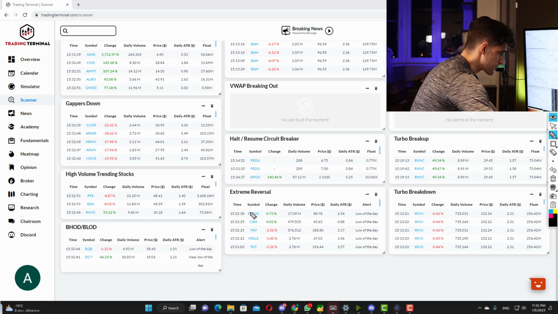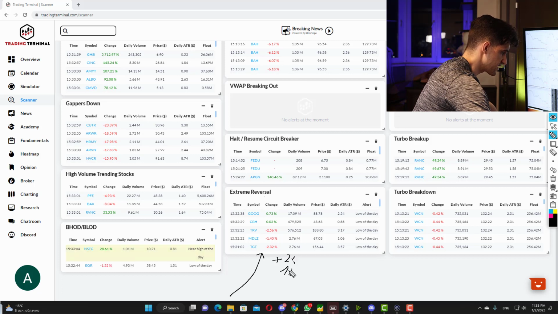For example, this scanner around here shows me stocks that made a huge run without any pullback, 2% approximately above VWAP and around 1% above the 9 moving average, and that are having an RSI above 80, which means that the stock is about to pull back, or below 20, which means that the stock is about to get bought back up. And this is the way that I use to pick potential stocks for reversals.